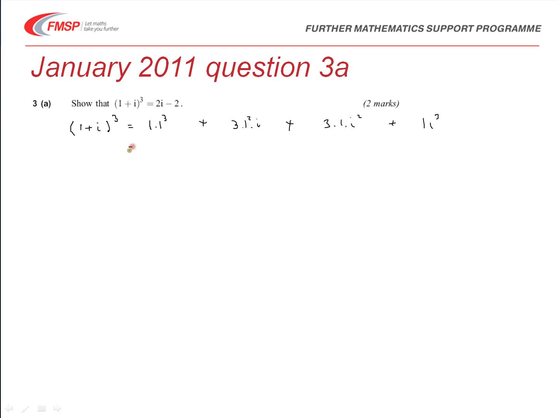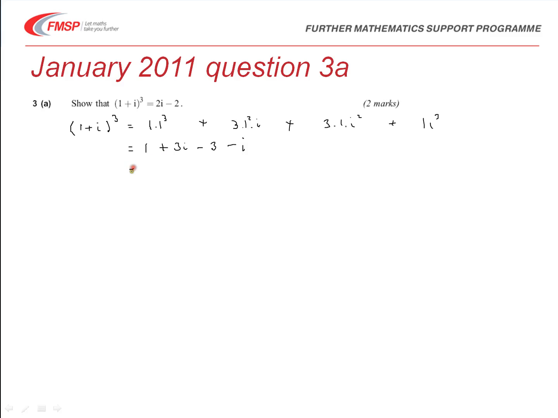So this becomes 1 plus 3i. And then the i squared is minus 1, so this becomes minus 3. And i cubed, well, we know that i squared is minus 1, so this becomes minus i.